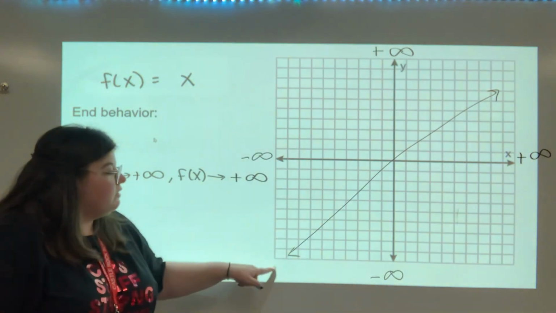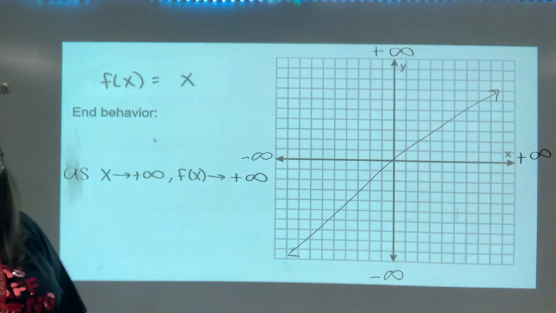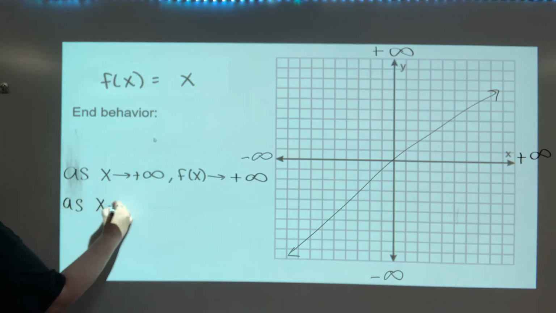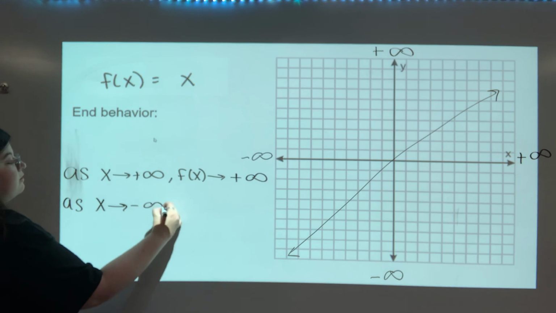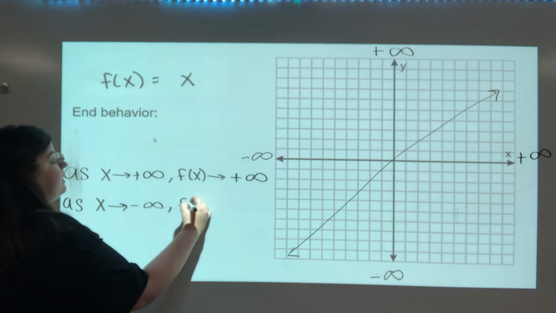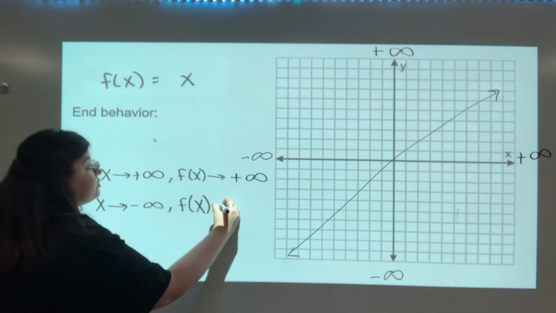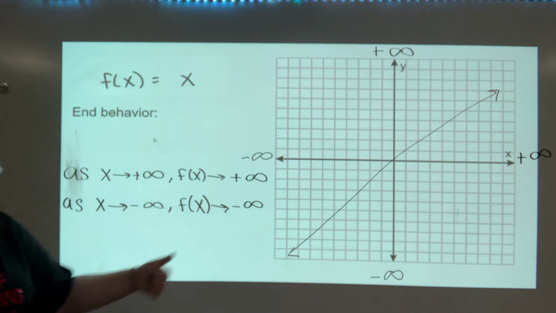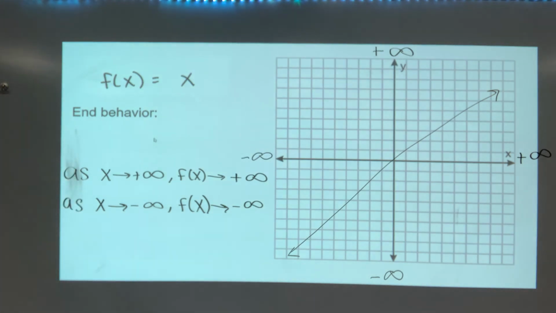Notice how it's going down this way, also towards negative infinity. So the other part: as x approaches negative infinity, f of x also approaches negative infinity. We're decreasing on our x, we're also decreasing on our f of x.